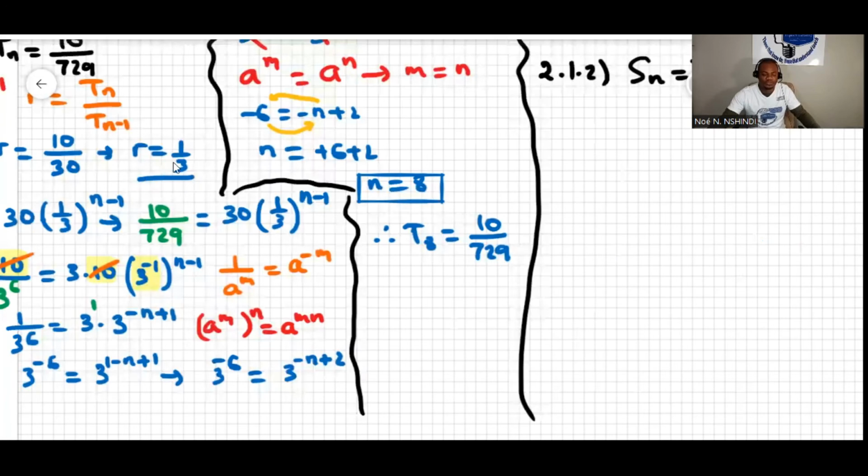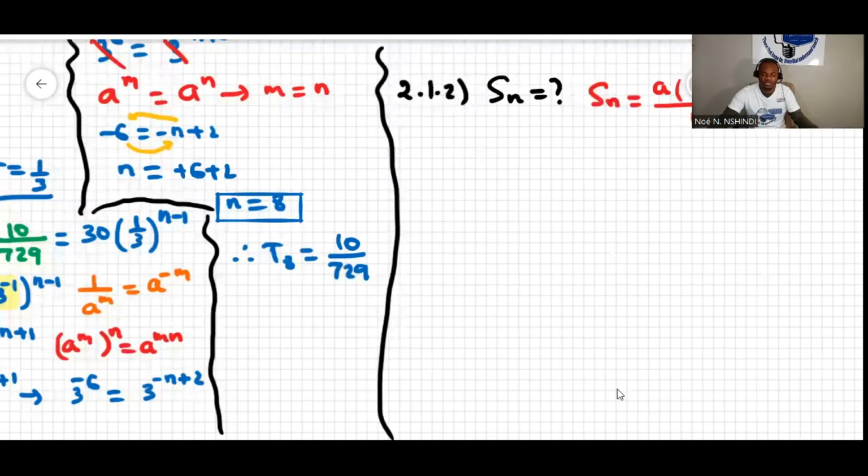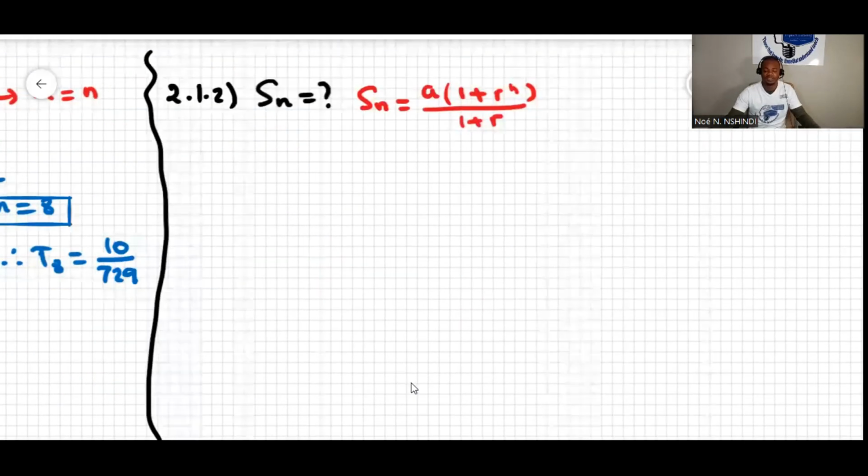Okay, so if r is equal to 1 over 3, this is the type of what we call a convergent geometric series.